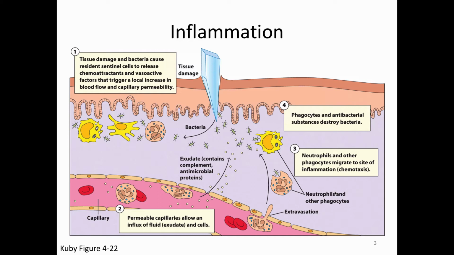Let's see, Emilio. Heat. Heat or calor. And there's one more. Yep, Calvin. Pain. Dolor, that's supposed to be a D. And so these are sort of the 4 key signs of inflammation.